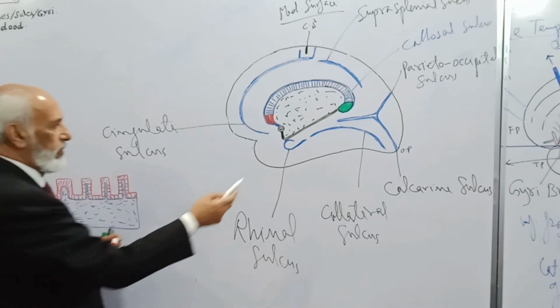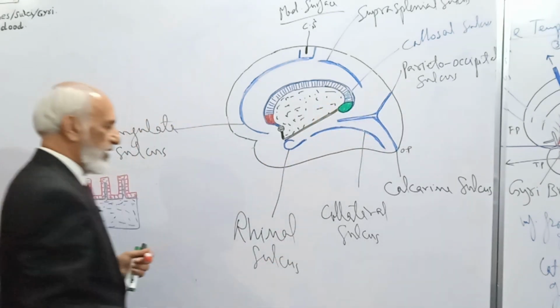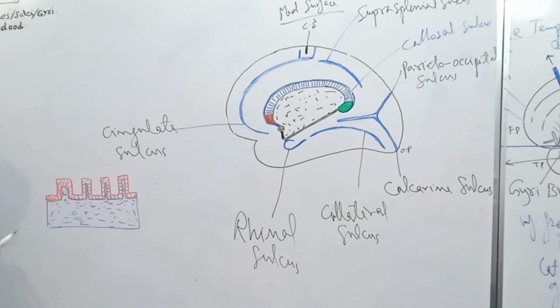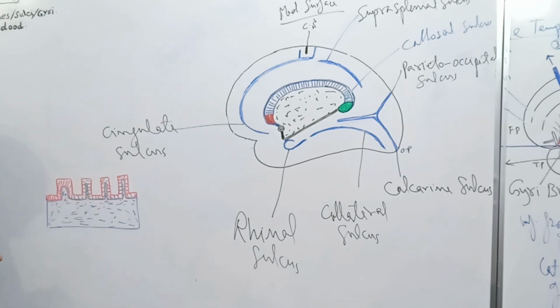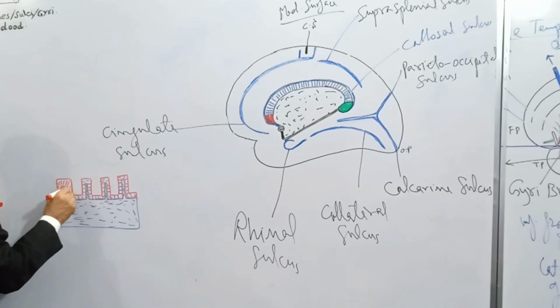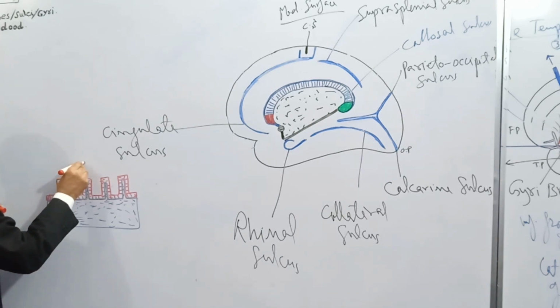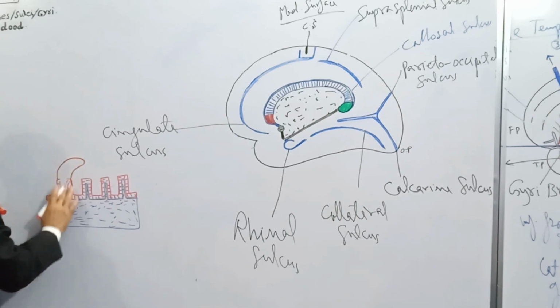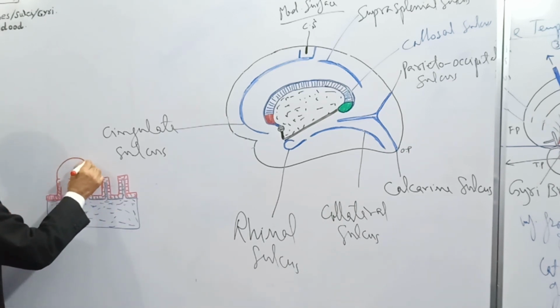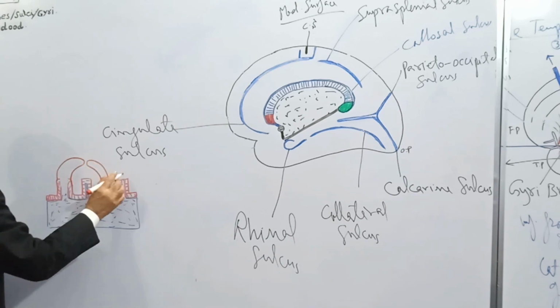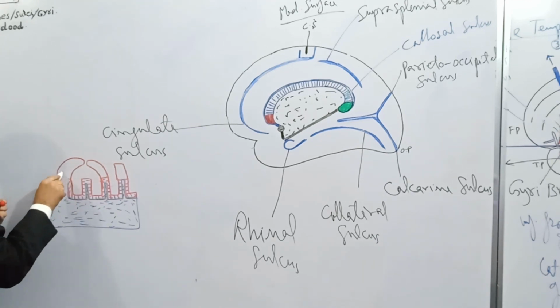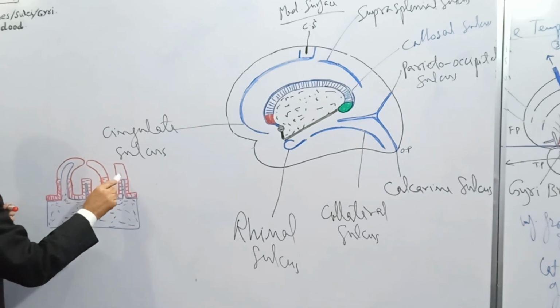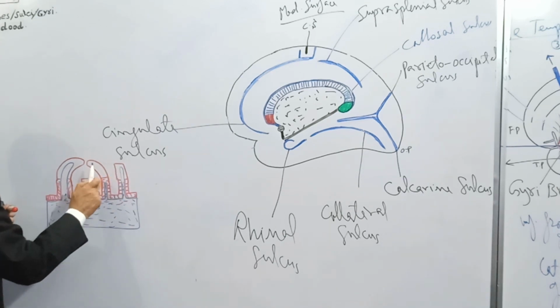Now, a section through this region of the cerebrum during development. So you can see these are the gyri and these furrows are the sulci. Now what happens? These surrounding gyri grow faster during development.